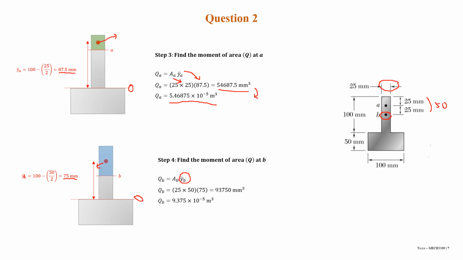So the area is 25, sorry for that, 25 multiplied by 50 here, and the YB is 75. We obtain the moment of area at B is 93,750 millimeter cube, or in meter it will be 9.375 times 10 to the power of minus 5 meter cube.